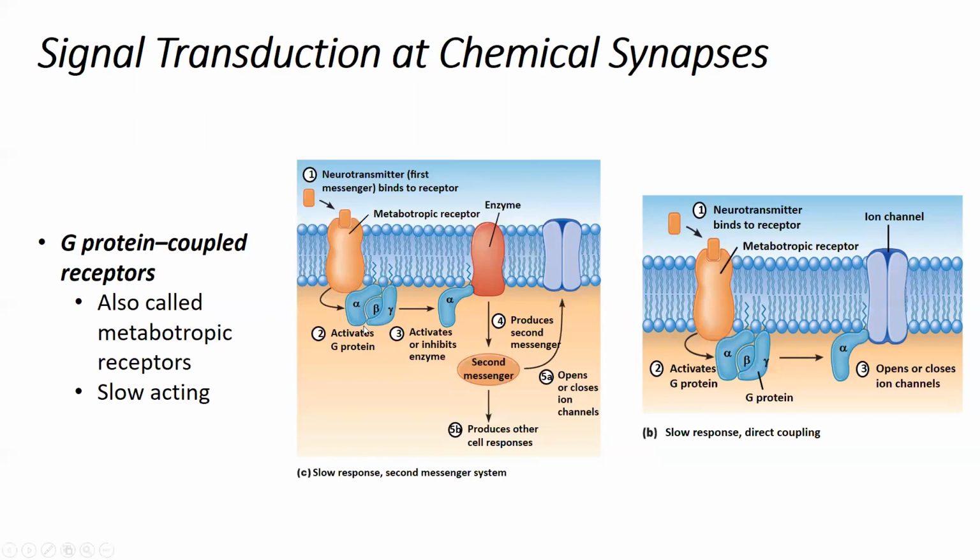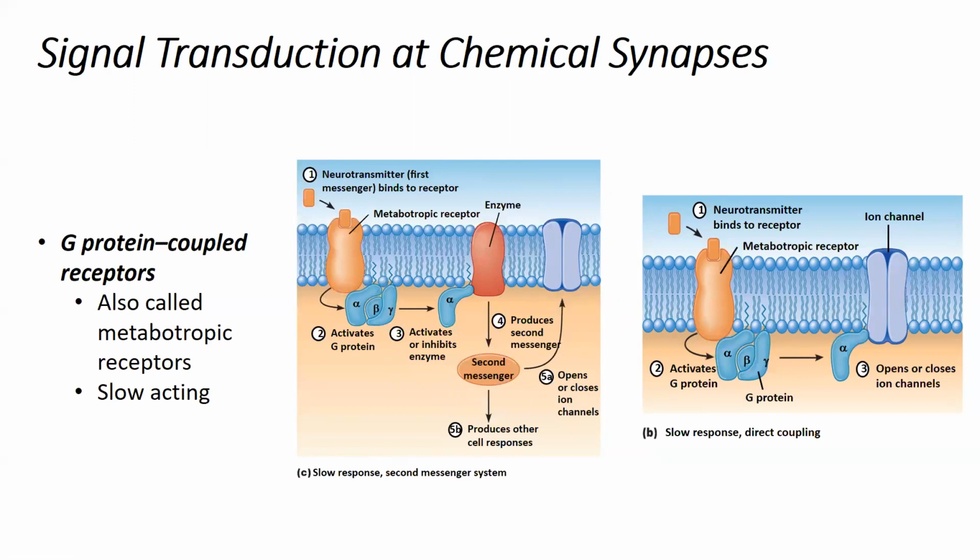And this protein has three different complexes. It has an alpha complex, a beta complex, and a gamma complex. The alpha complex will dissociate off. It will bind to another enzyme, which is somewhere else on the membrane, and that will trigger a whole host of different responses in the cell. So we'll produce some other messengers, which are usually cyclic AMP.